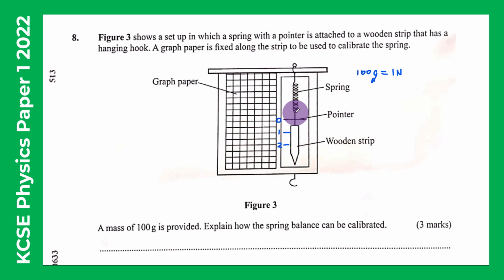Then we use the same extension, put another mark here, we call it 3. Another mark here, we can call it 4. What we are doing is that we are putting markings on the instrument in order to use it to measure force.